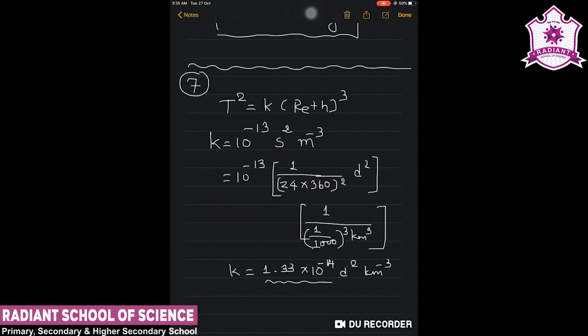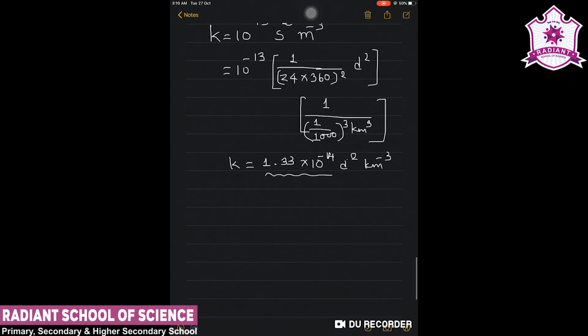Now just put it in the equation that we are given for the periodic time, that we can have T square is equal to K into R cube. So here we can say this is 1.33 into 10 raised to minus 14, and R, that is 3.84 into 10 raised to 5, and whole cube.